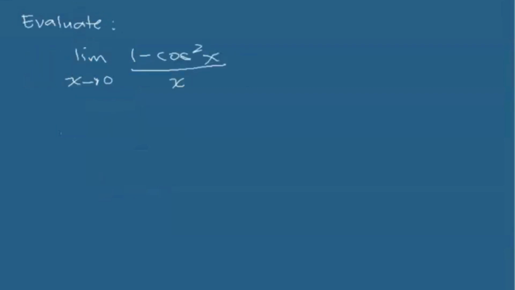Second example, evaluate the limit of 1 minus cosine squared x over x as x approaches 0. How can we use the special trig limits here when we have the cosine squared? As you can see, it's 1 minus cosine squared, so we can factor this into the limit of 1 minus cosine x times 1 plus cosine x.